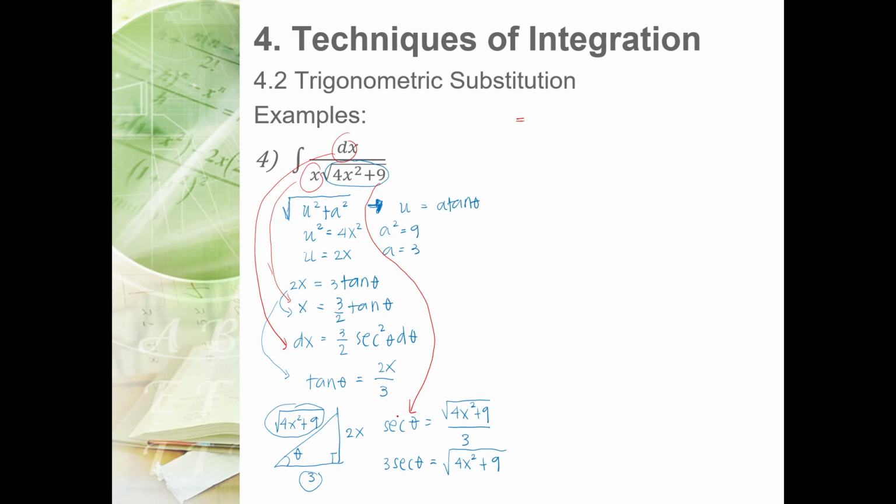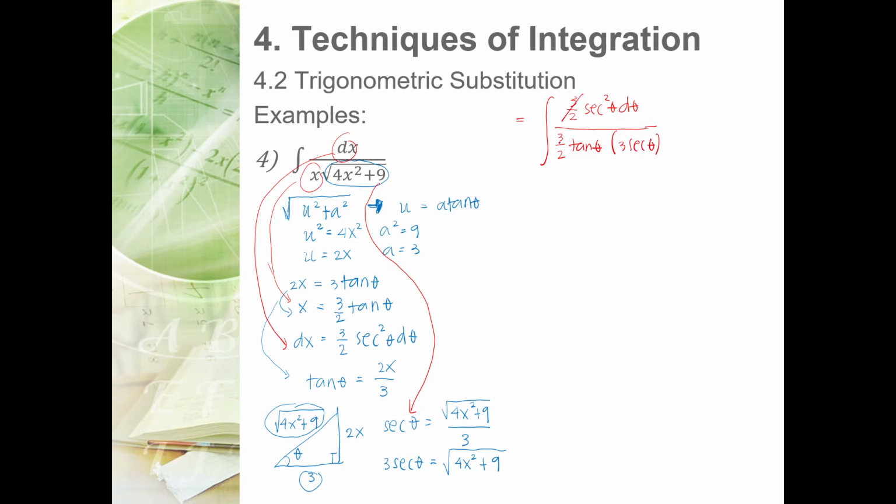Or rather, it is on the second line there. So integral of, again, this is 3 halves secant squared theta d theta all over the x parameter, that is 3 halves tangent theta, then multiplied by 3 secant theta.